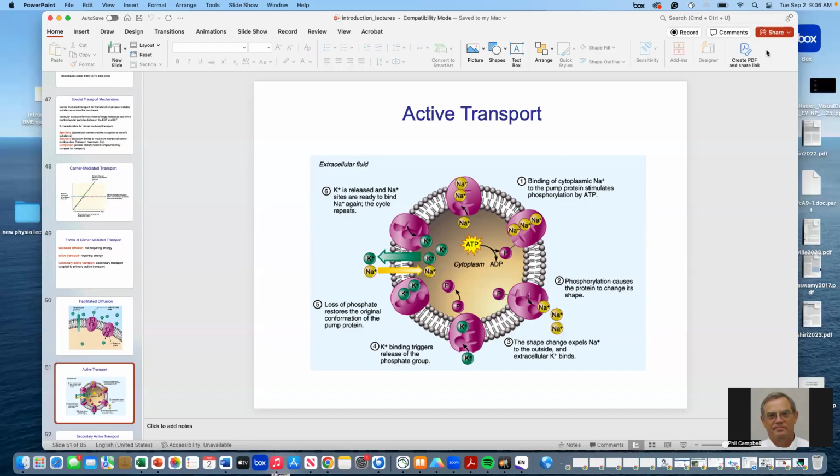Now, there is a constant movement of the respective molecules either in or out of the cell, so they're always wanting to keep equilibrium. In order to keep the difference, we need to pump sodium back out of the cell and potassium back into the cell. And since we're going against their respective concentration gradients, we have to expend energy, hence active transport.